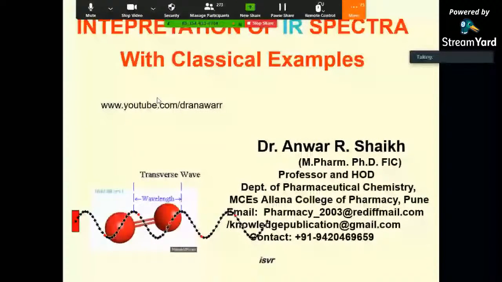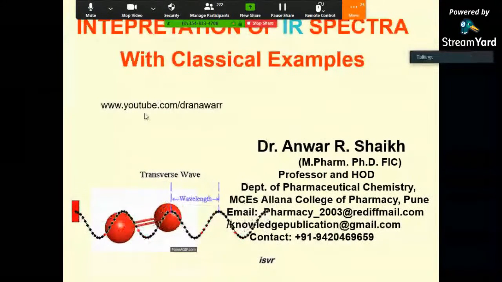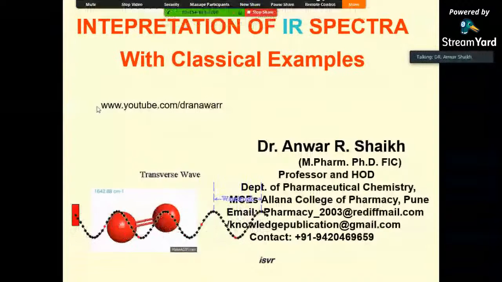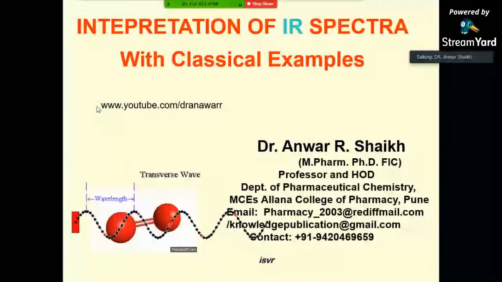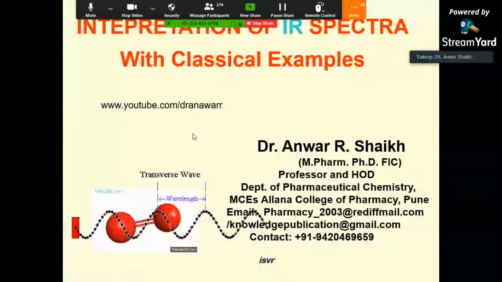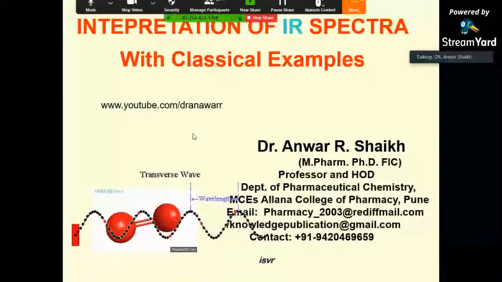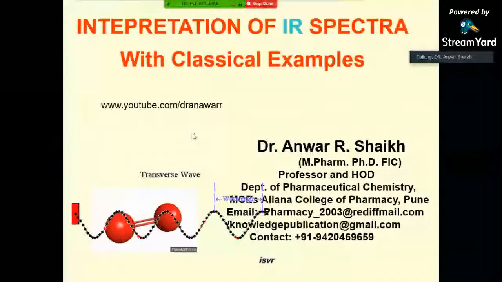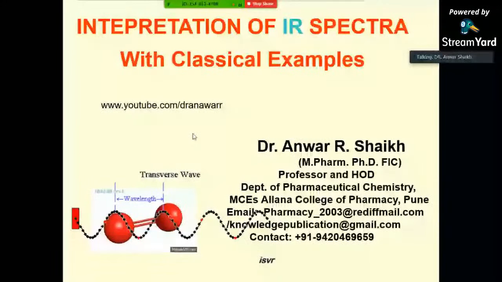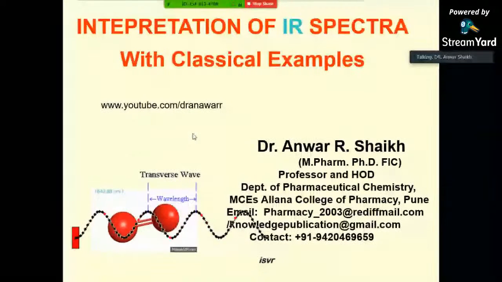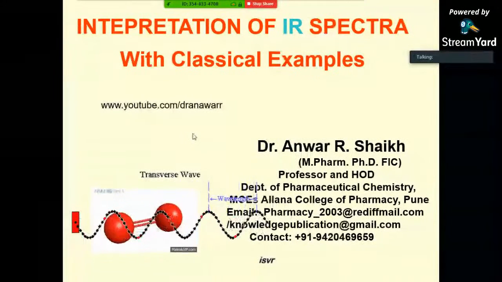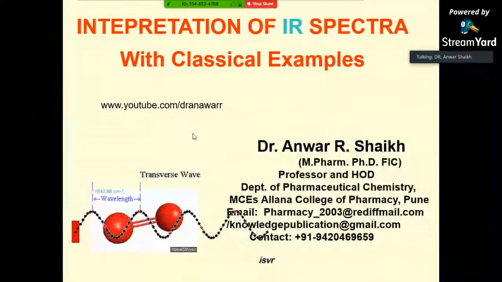Interpretation of the IR spectra with the help of some classical examples. We'll go through some examples of IR and how to interpret. Infrared spectroscopy is a basic, preliminary part of structure elucidation. It is not only involved in pharmaceutical chemistry but also pharmaceutics, and people from pharmacognosy also use this technique as a preliminary tool.